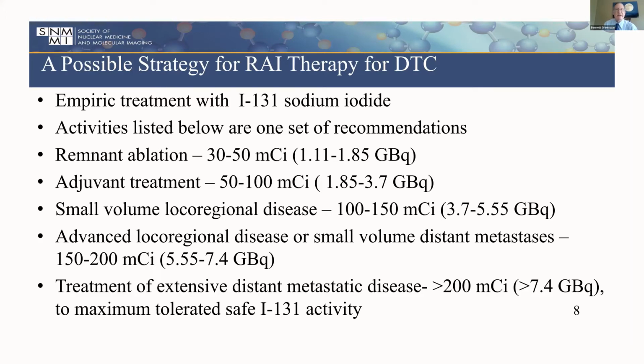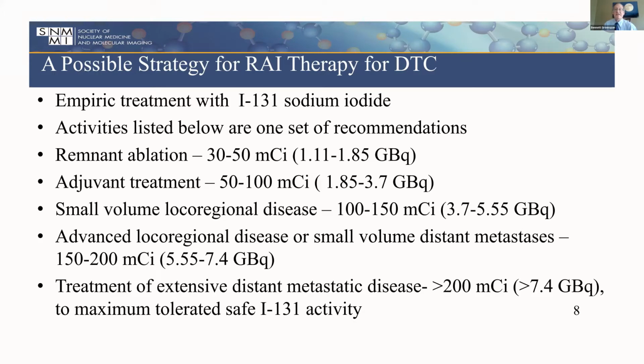Remnant ablation, 30 to 50 millicuries, or 1.11 to 1.85 gigabecquerels. Adjuvant treatment, 50 to 100 millicuries, 1.85 to 3.7 gigabecquerels. Small volume local regional disease, 100 to 150 millicuries, 3.7 to 5.55 gigabecquerels.